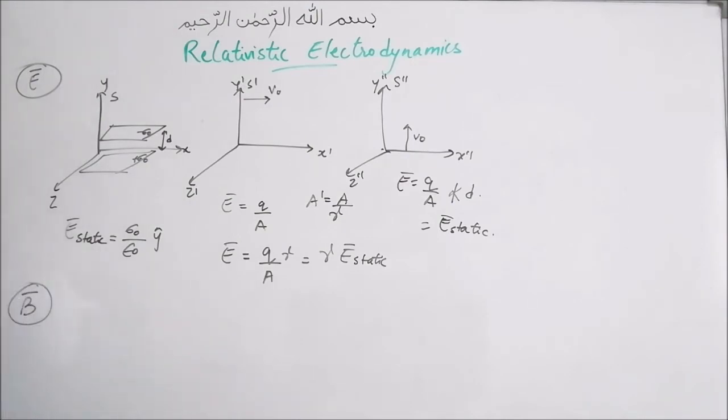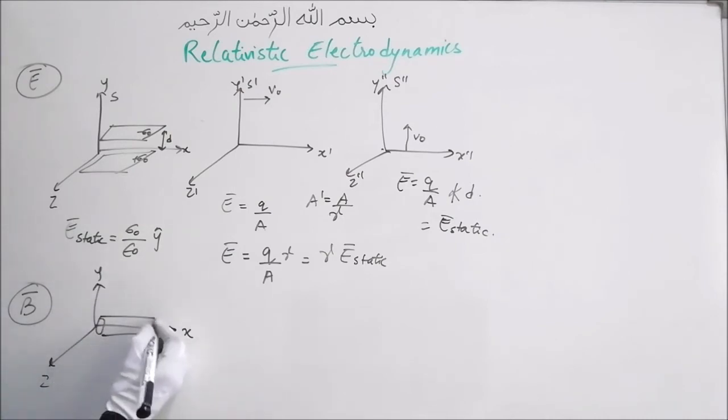Now let's consider a case of magnetic field. Let's say we have a solenoid with n turns per unit length, along the x-axis.